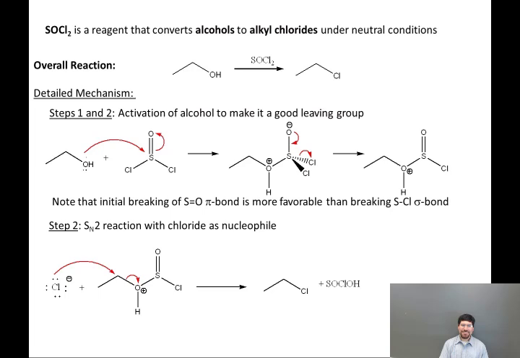So then step 2 is the SN2 reaction with chloride as the nucleophile. The chloride that got kicked off comes in, attacks the primary carbon, and then you've generated the alkyl chloride, and in this case, SOClOH is kicked off as a leaving group, and it turns out that that further breaks down to give sulfur dioxide, SO2, and HCl, hydrochloric acid.